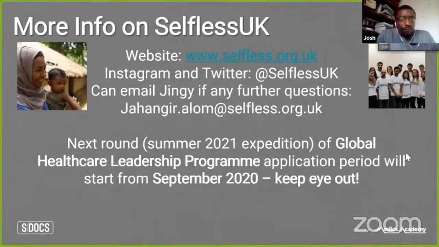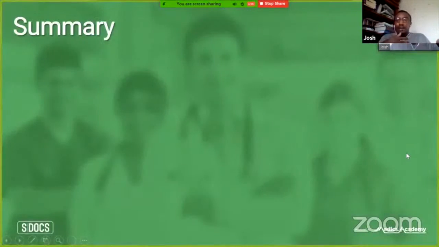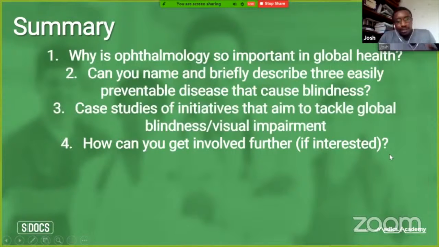So that is the end of part 3, and also the end of this series of videos about an introduction to global health ophthalmology. In summary, I hope that watching this series will help answer the questions. These are the aims I wanted to get across in the videos.